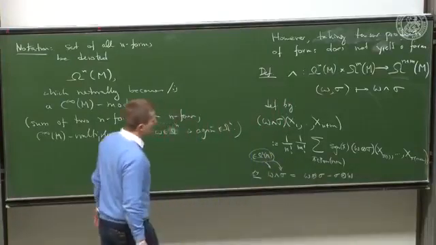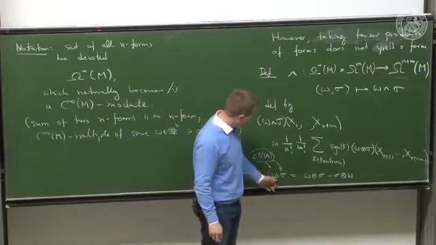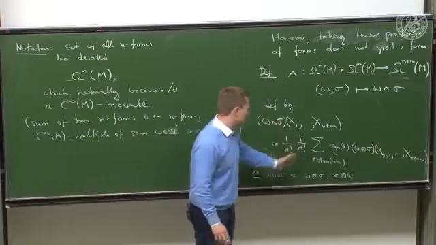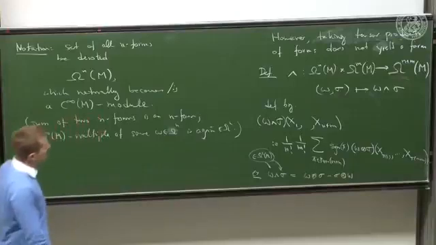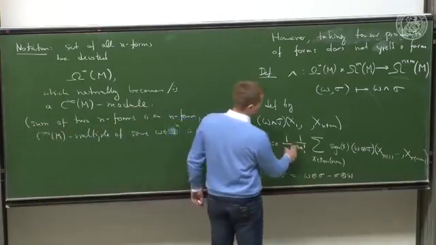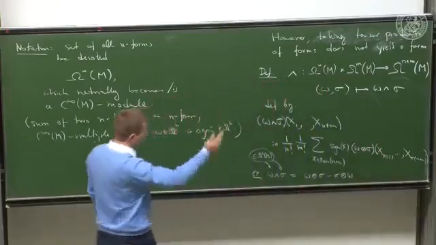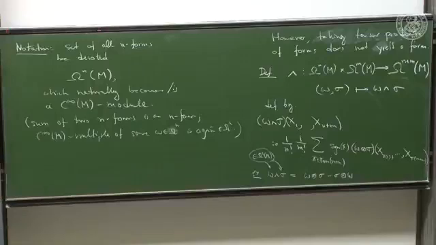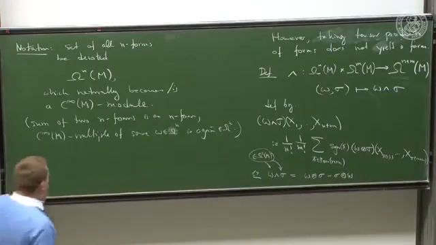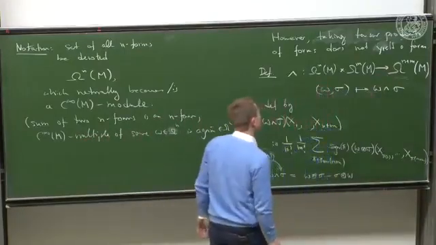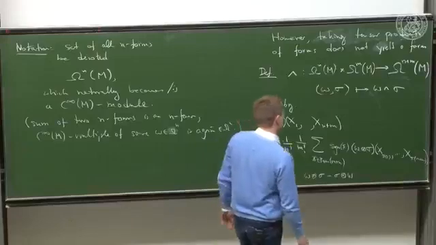There are several conventions you could choose for defining this wedge. You could also put a weight here. Anyway, this is the convention we're going to choose. And these factors of course just compensate for the fact that the omega and the sigma are already antisymmetric. You don't want to pick up ever more factors here.